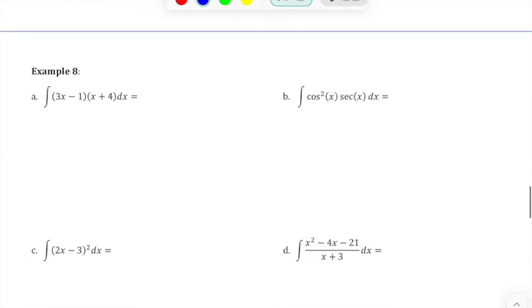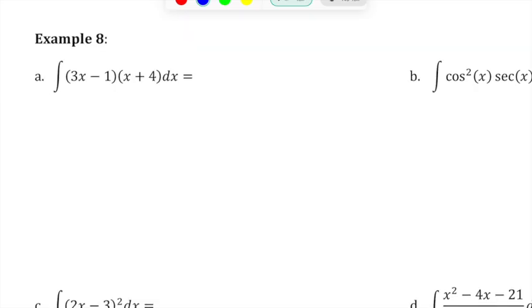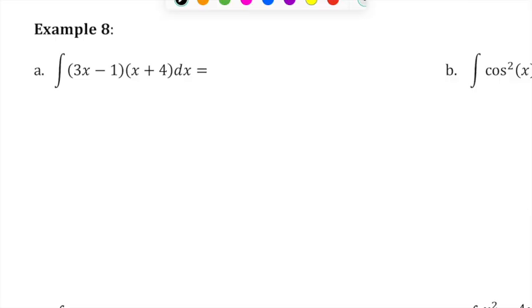So let's apply that to these. So this looks like a product rule to me because I have two functions that are multiplied. This is like f times g. But again, we don't have rules for that. So here, the strategy is to distribute. So we're going to get 3x squared.